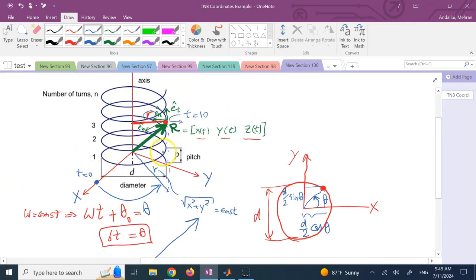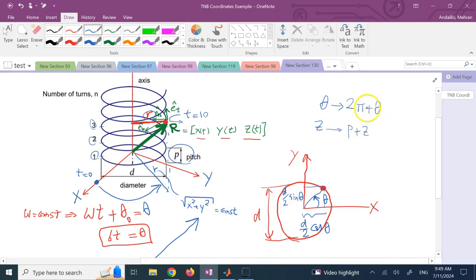And what about z? Well, when you rotate one full revolution, you go up by one pitch, right? So this is the first, this is the second, this is the third point on the turn, or first turn, second turn, third. So when this theta goes to 2 pi, your z goes up by a distance of p.